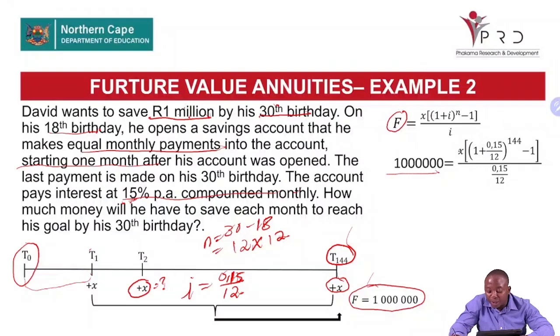X is unknown, it remains as X. Open bracket 1 plus our i, as it is quoted, is 0.15 divided by the compounding period of 12, all raised to the power 144, which is the number of payments that he will make, minus 1, all over 0.15 all over 12. Then we solve that and we get our X as 2508.77.